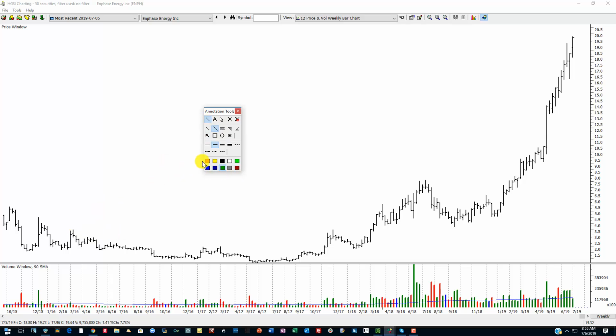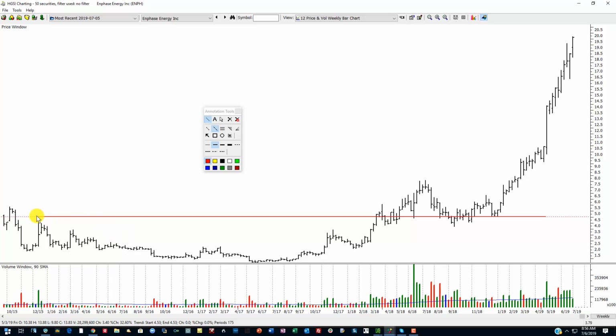I'm going to select red to begin with, and the reason I'm selecting red is I didn't do that correctly. I'm going clear back to 1215 here, and I'm holding my shift key. And what this does is it allows me to draw an extended line, and it will continue to extend itself to the right hand side. These will be dotted going into the future.